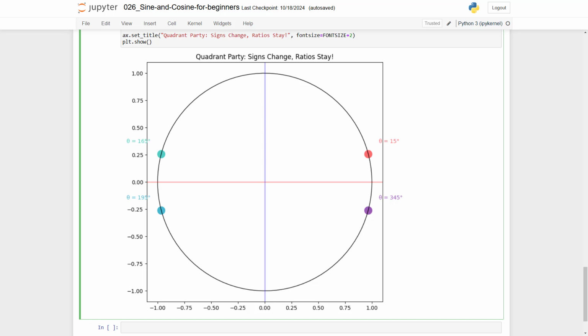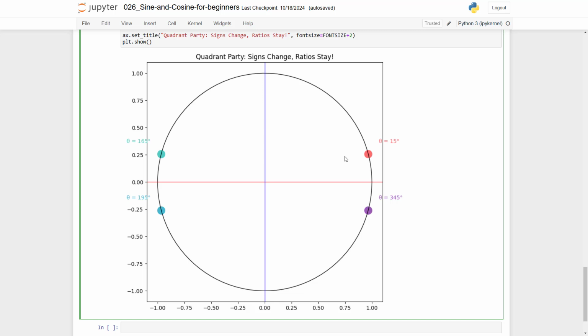What do we mean by this? We mean that the cosinus of this one, of 180 minus a, is actually the same as the minus cosinus of a, and a is our angle here.